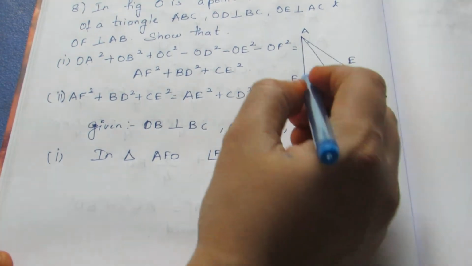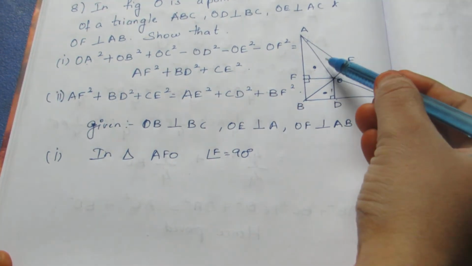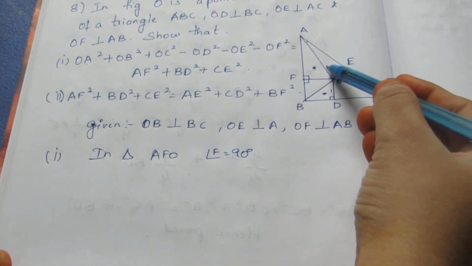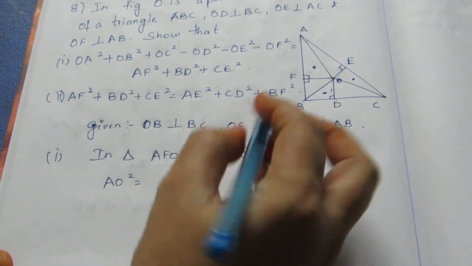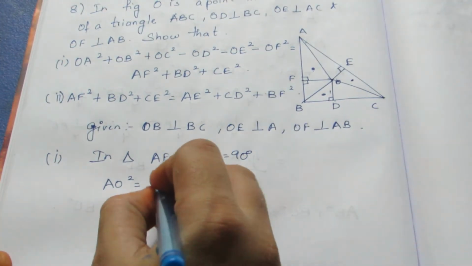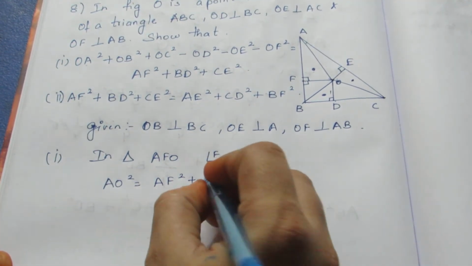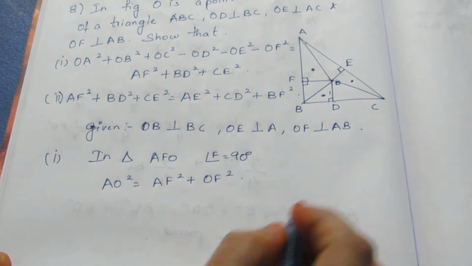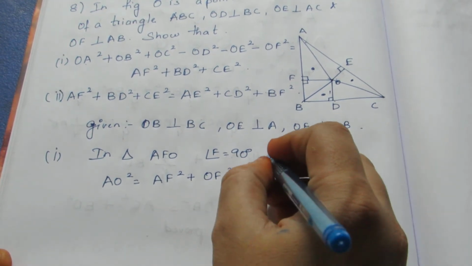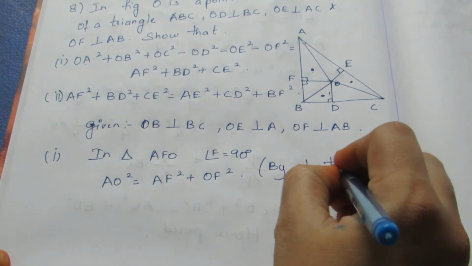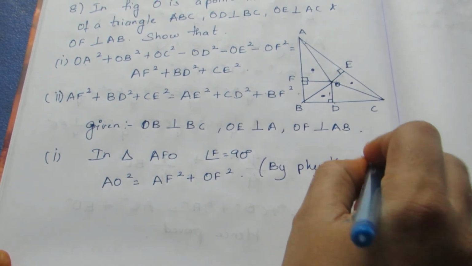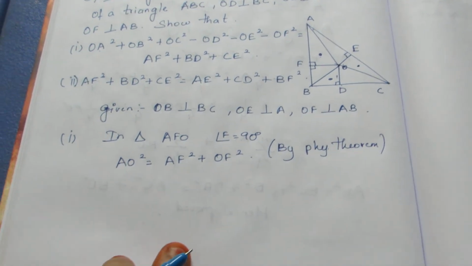So by Pythagoras, the hypotenuse side will be opposite the 90 degrees. So AO square is equal to AF square plus OF square. This is by Pythagoras theorem. I am writing in short form, write it completely.